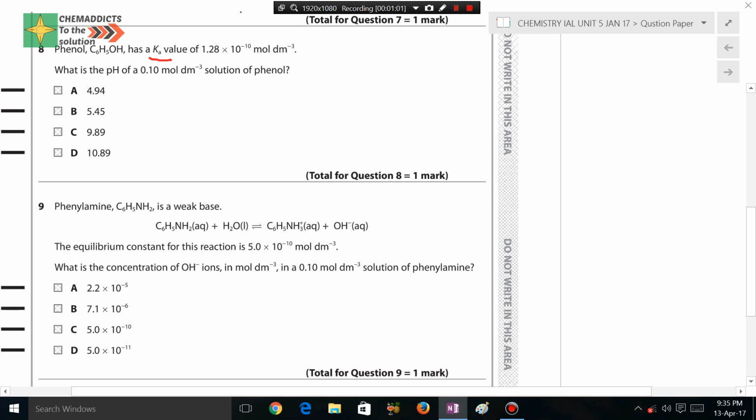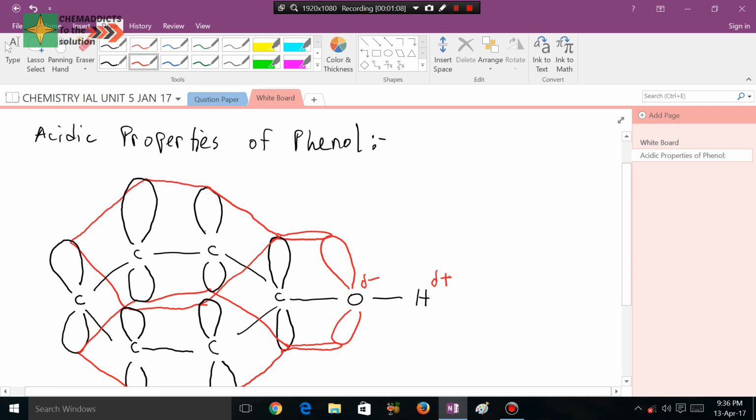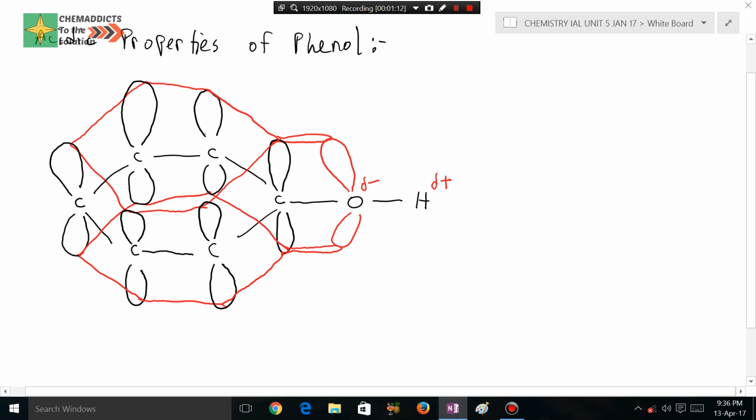Before answering this question, let us know why phenol has acidic properties. Since phenol is an aromatic alcohol, we call phenol an aromatic alcohol.